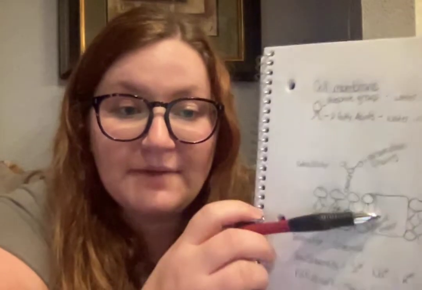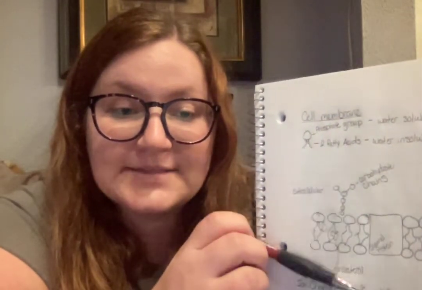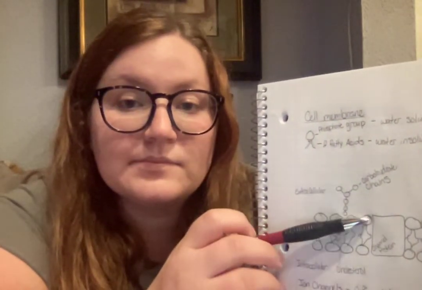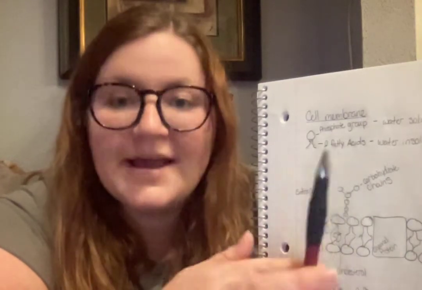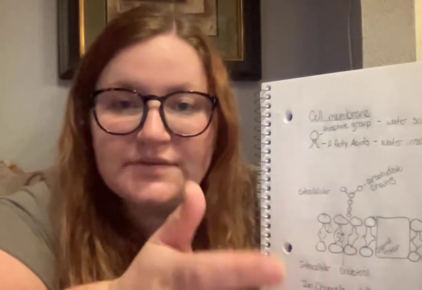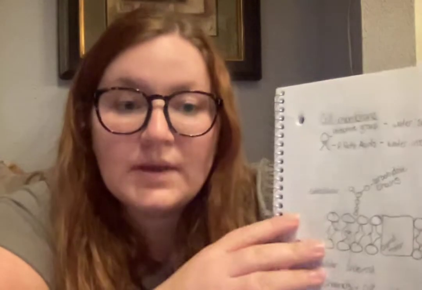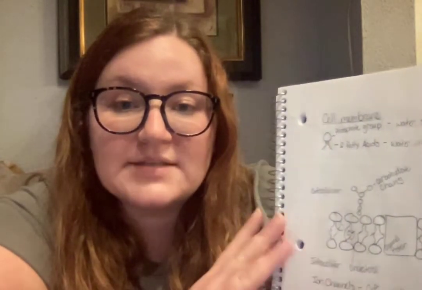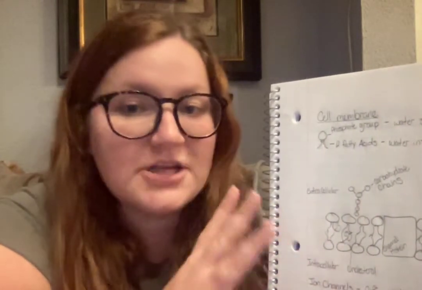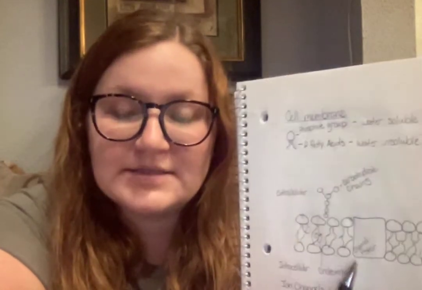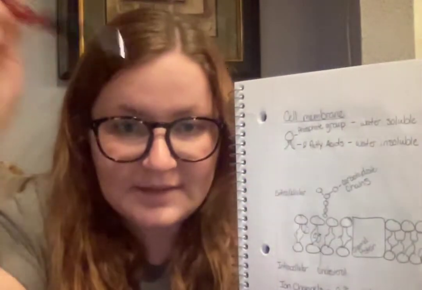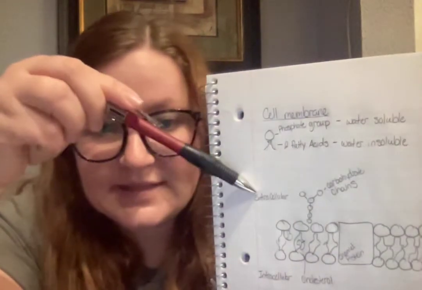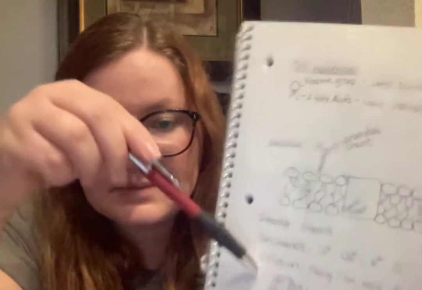Also, we have channels, and we have big channel proteins, because with water and certain other substances that can just diffuse in and out of the cell, we also want to make sure that stuff that's bigger than that can't just come in and out as it pleases. So then we have these channel proteins that can help bring stuff in. Like I said, this is outside the cell and this would be inside the cell.